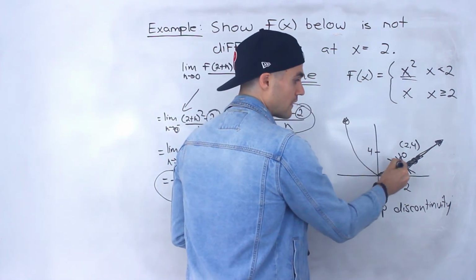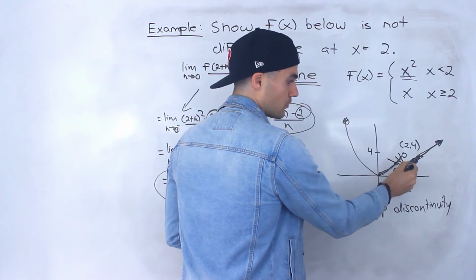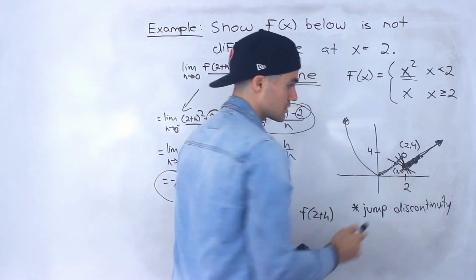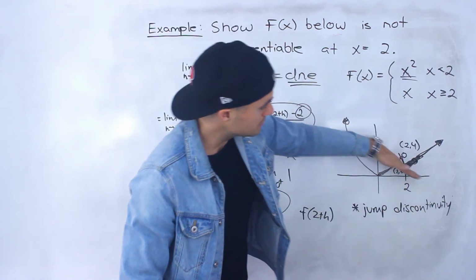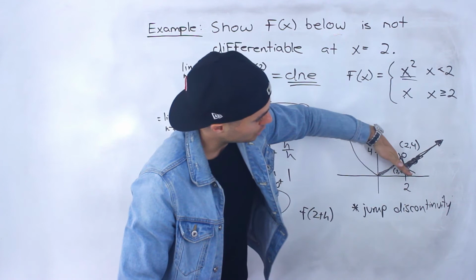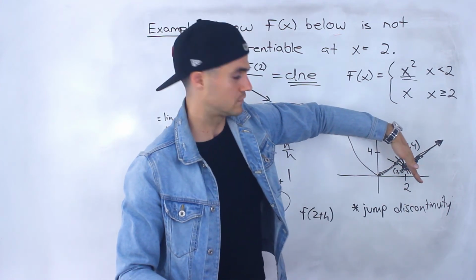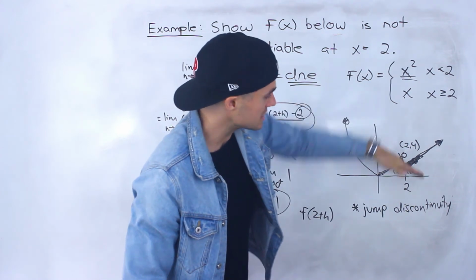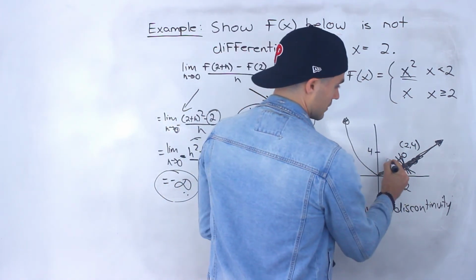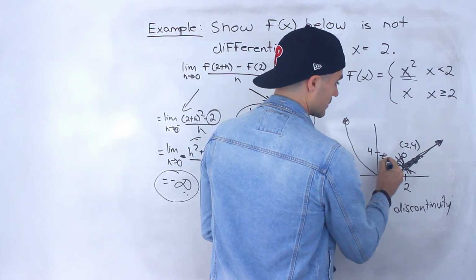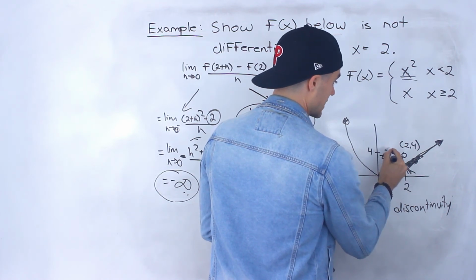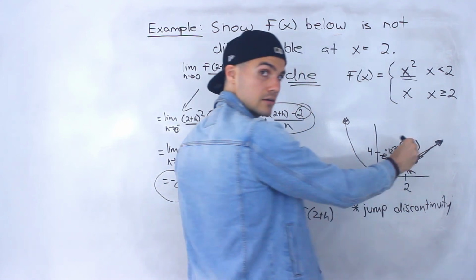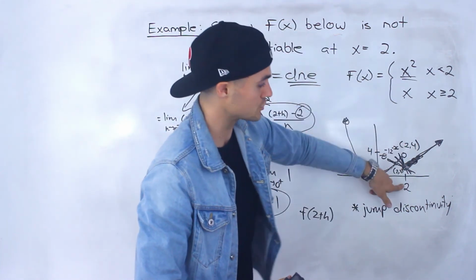So we're always finding the slope between this point and a point on this function, getting closer and closer. Notice it's always going to be a negative slope, but as we get closer and closer, it becomes more and more negative, more steep. So let's say this slope here is like -8, then this slope here is going to be like -12, then this slope here might be like -20, and it keeps going as we get closer and closer to that x value 2.